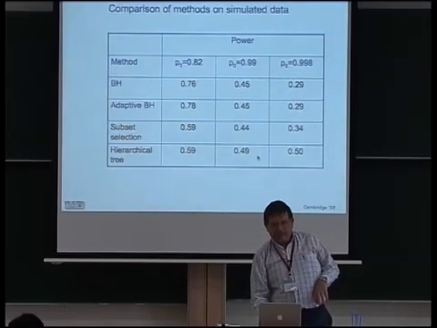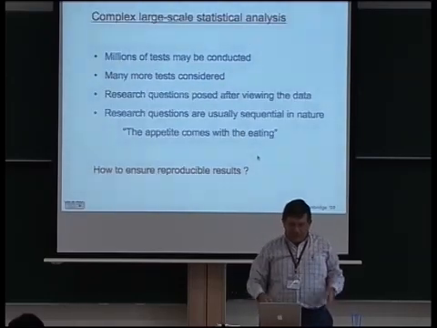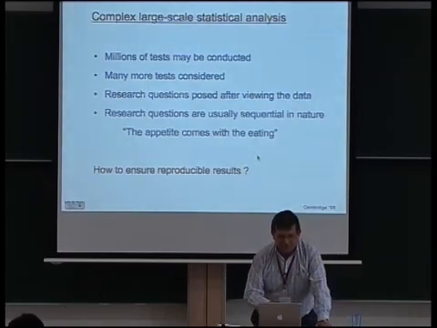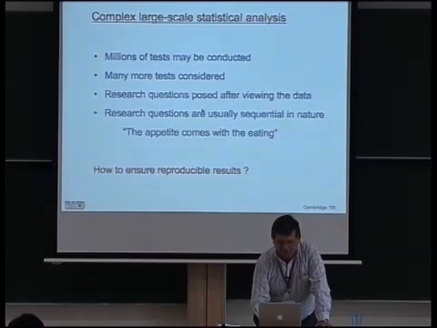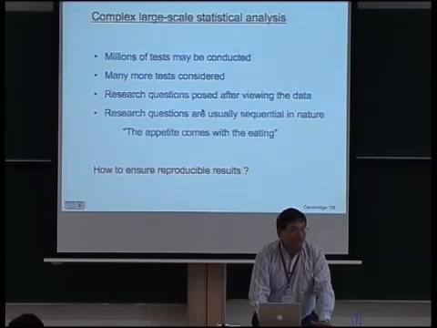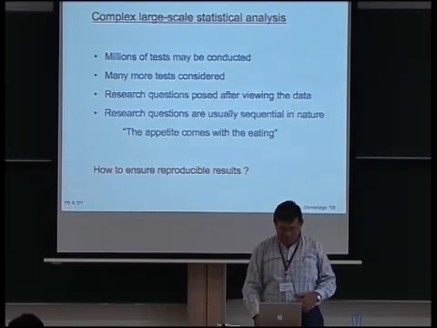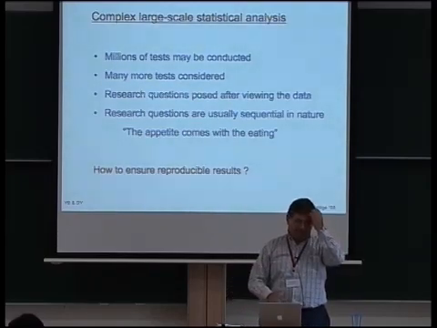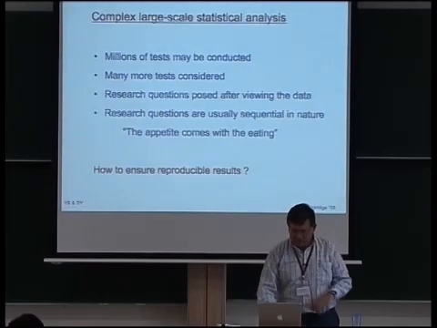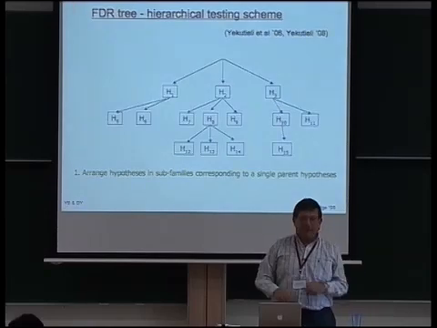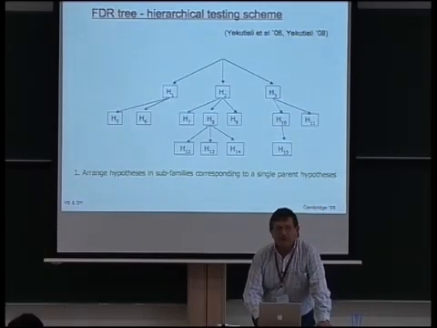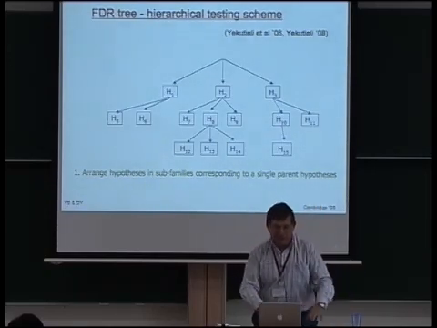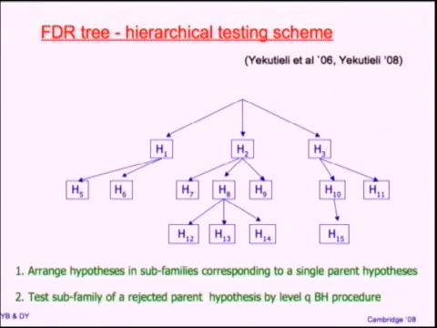So the idea is that even though millions of tests may be conducted, and many more tests considered and research questions posed after viewing the data, appetite comes with eating, we can ensure reproducible results by working in this hierarchical setting. I will just explain the idea of it, not get into the theory. The whole idea of the hierarchical setting is that you arrange the hypotheses in families.